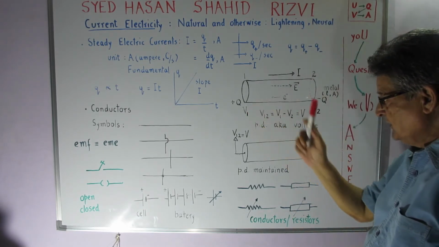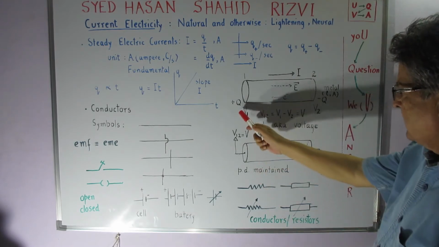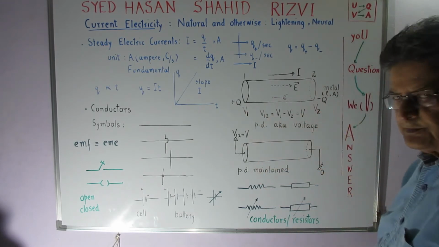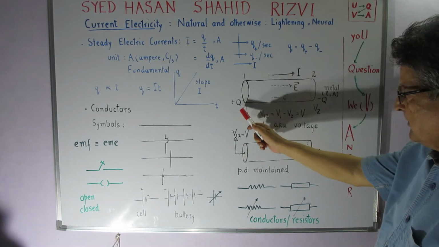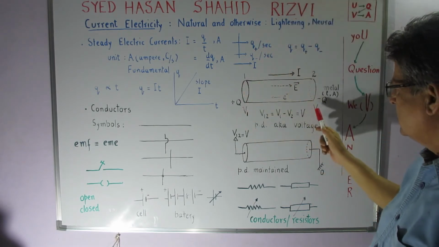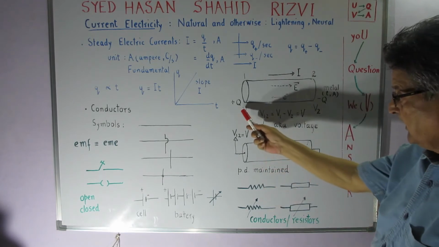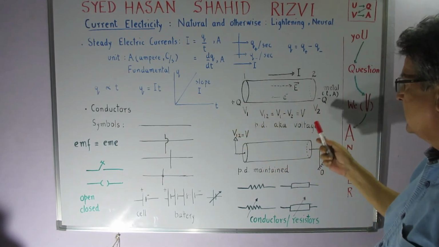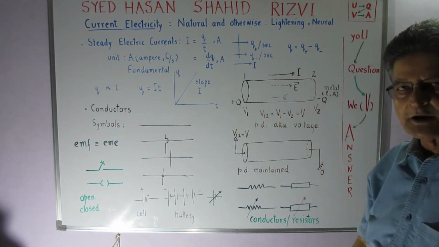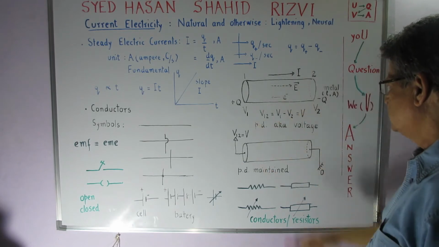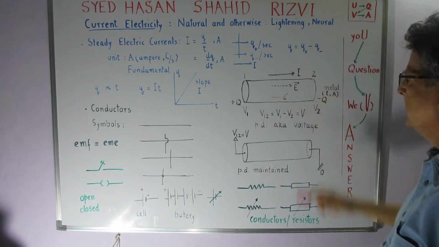These two potentials, this can be positive, this can be negative. This can be positive, a higher value, and this can be positive, a lower value. This can be negative, a lower value, and this can be negative, more negative. But the difference has to be positive V.